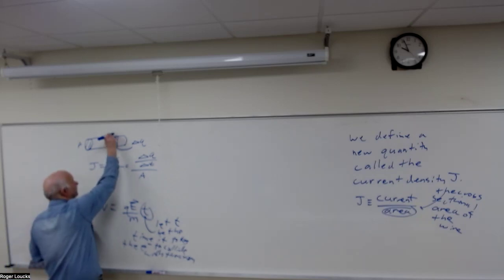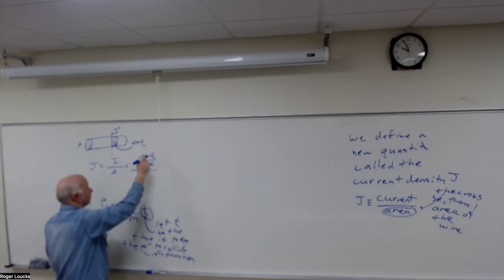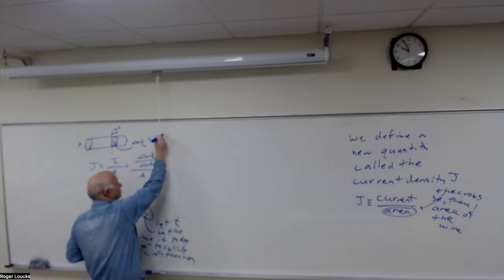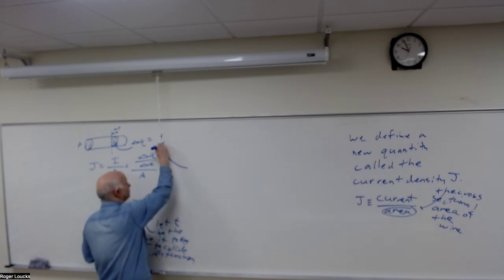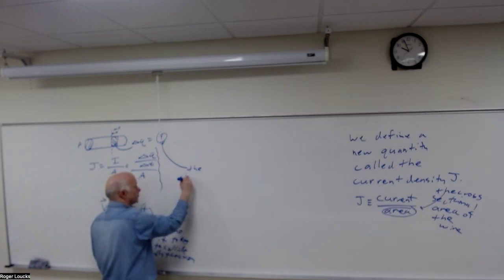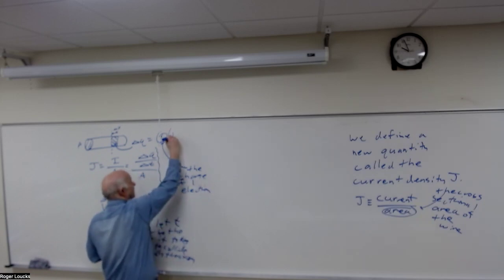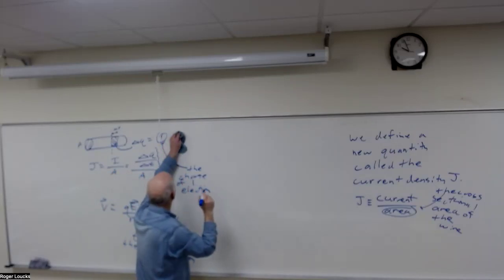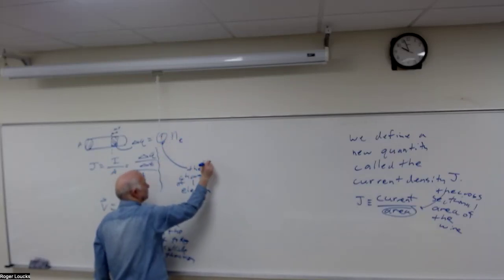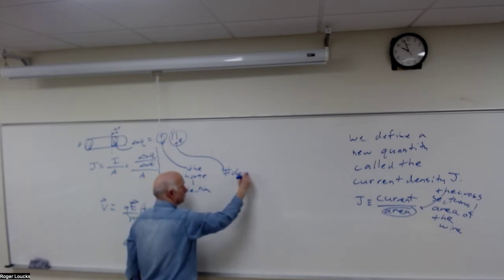I'm going to call this distance right here delta X. And this has a cross-section area A. So I'm going to say that this is going to be Q, the charge of an electron, times n sub E. This is going to be your number density of electrons.